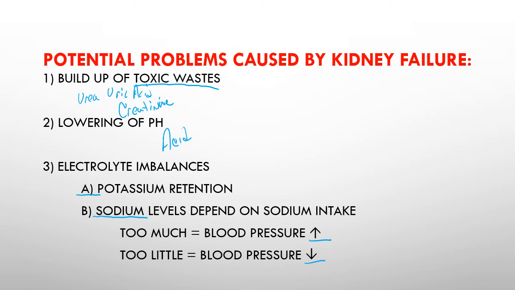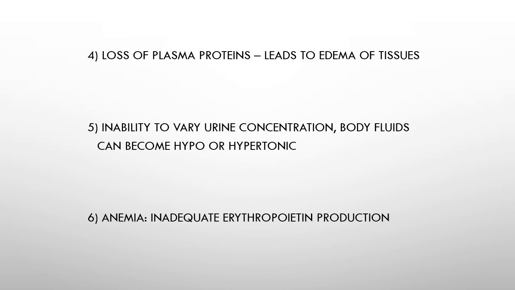Those areas that rely upon sodium and chloride ions, potassium ions, even calcium ions, are all going to start to feel the effects because we're no longer balancing out those electrolytes. Especially if the glomeruli become too leaky, this is going to lead to the loss of plasma proteins.